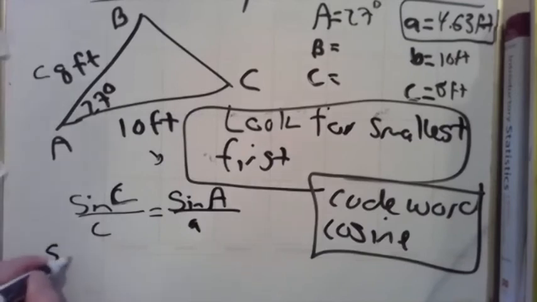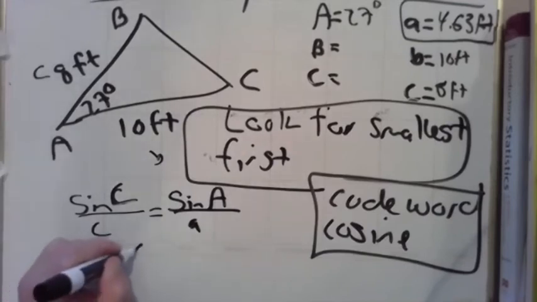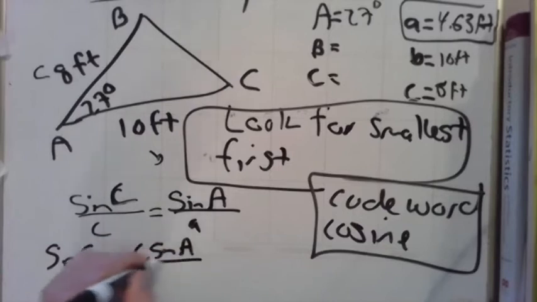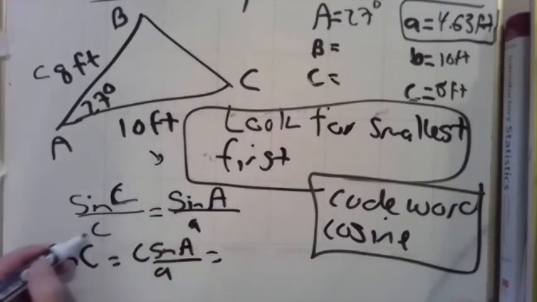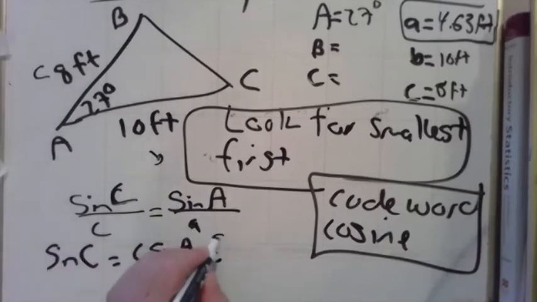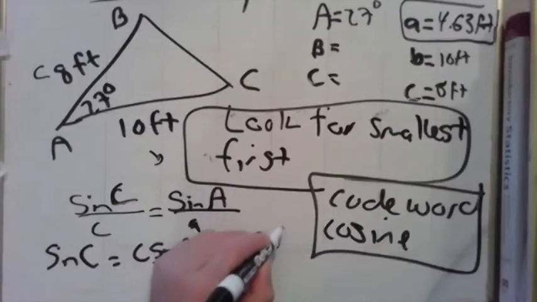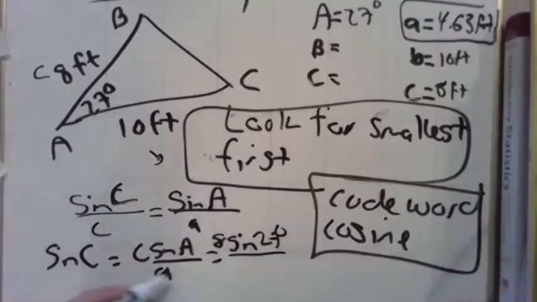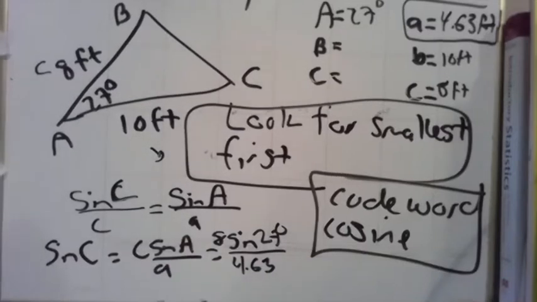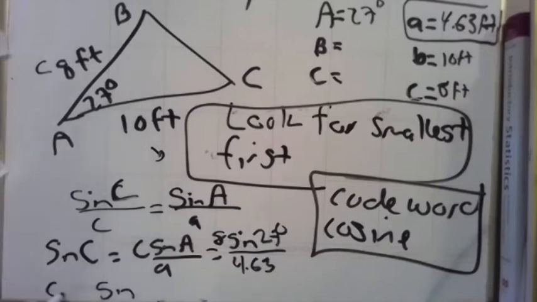That means sine of capital C will be c sine of A over little a. So I just multiplied the little c up. So that will be 8 sine of 27 degrees divided by 4.63. So whatever that is, I'm going to do an inverse sine of that. C will be inverse sine of that number.